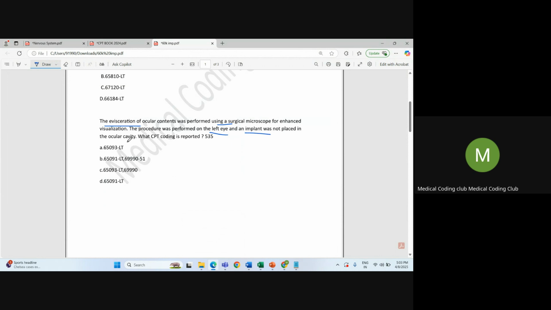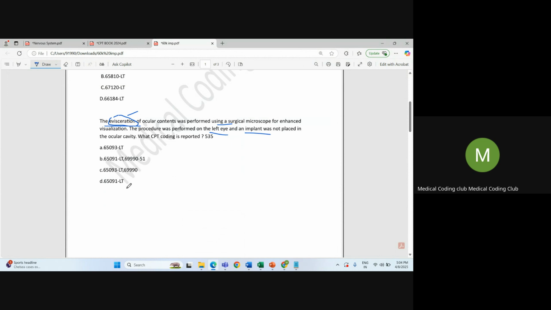Evisceration means they remove the internal contents of the eye, and a few things are left there. But enucleation means they remove the entire structure. In our question, it is an evisceration procedure, so the keyword is clear.